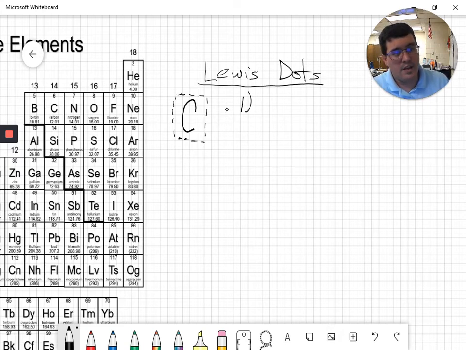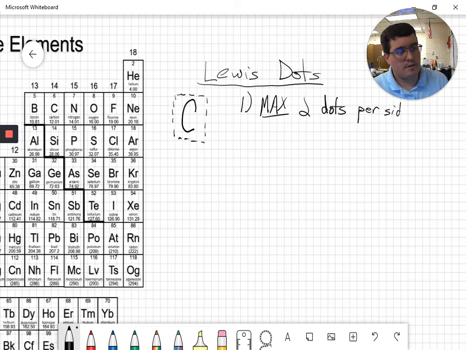Number 1, there is a max of 2 dots per side, right? So you are never going to have more than 2 dots on a side. Rule number 2 is the left side is first.